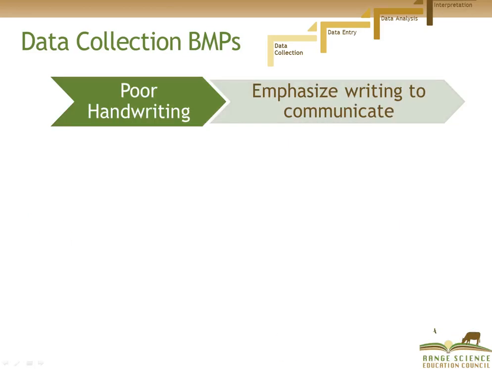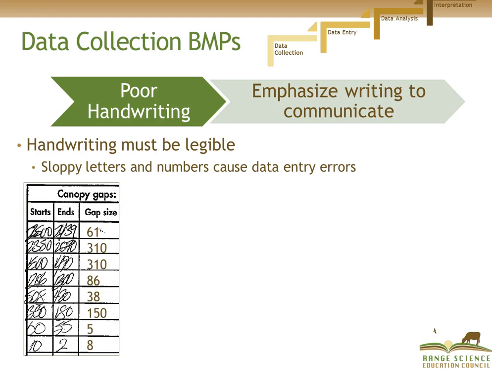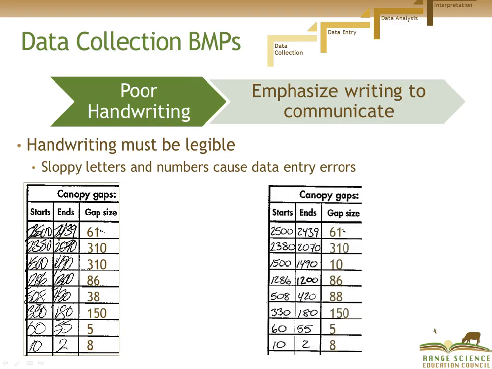Another common problem is poor handwriting. We need to first of all emphasize to our recorders that we are writing to communicate. Handwriting must be legible because sloppy letters and sloppy numbers can then cause data entry errors. In this case, we see on the left some of the numbers are fairly sloppy, and on the right they are more neatly written.